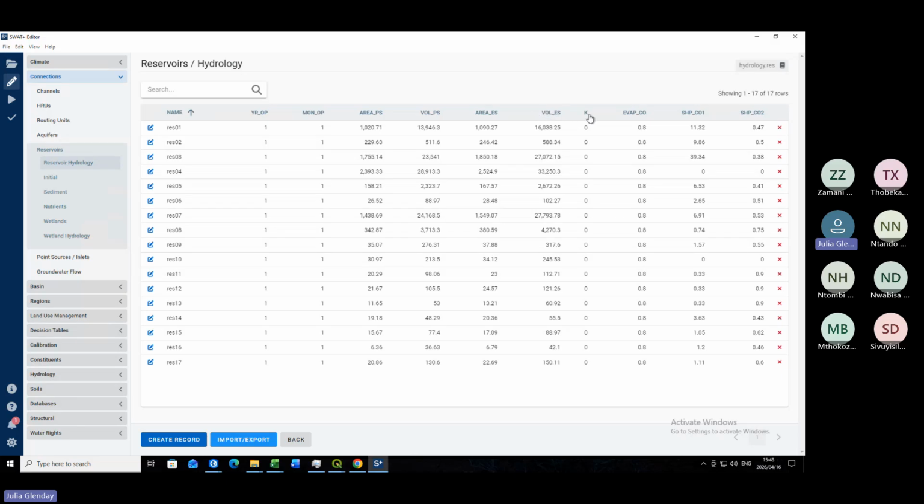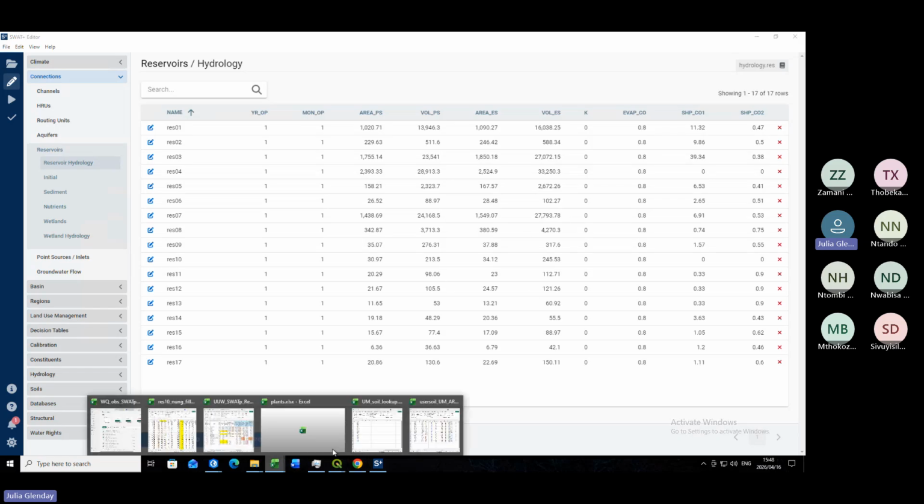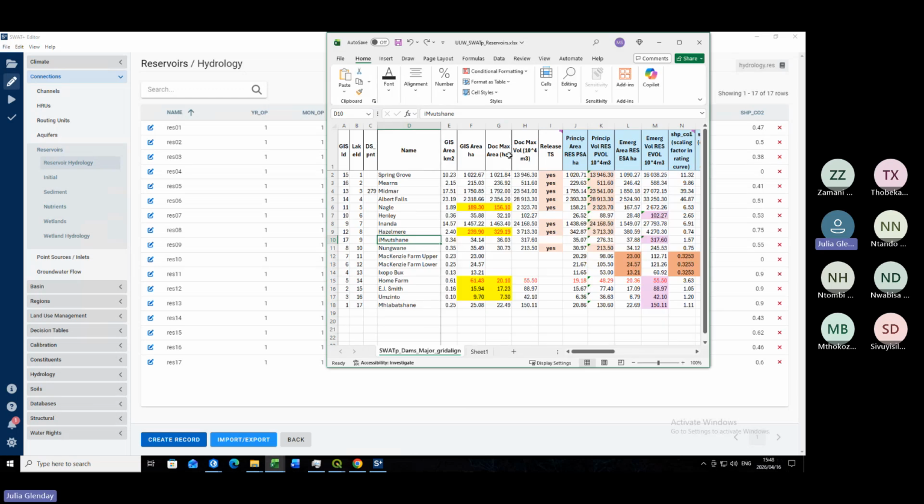I'll have a table of the capacities that I've used in easier units: 10 to the 4th cubic meters, and then areas in hectares. So I converted from the other units, and then you put it into the model.